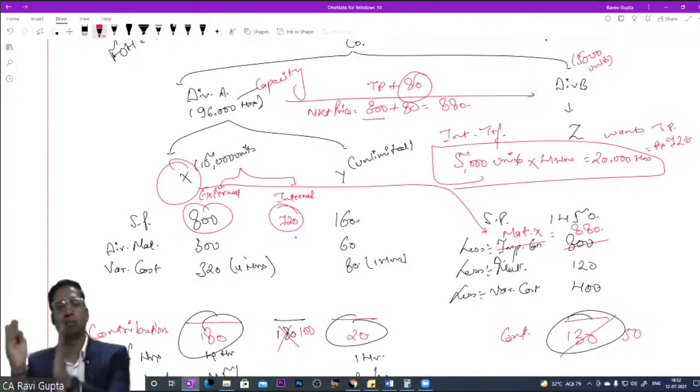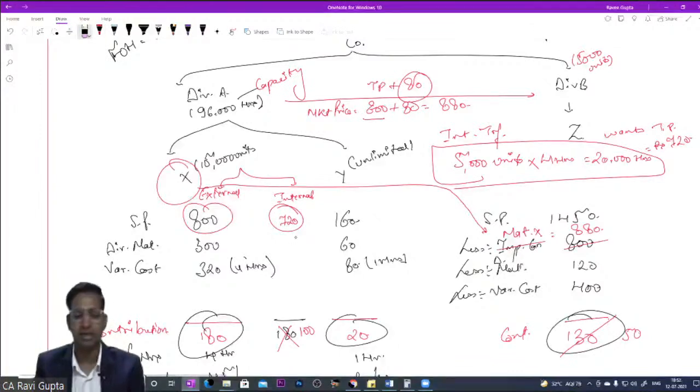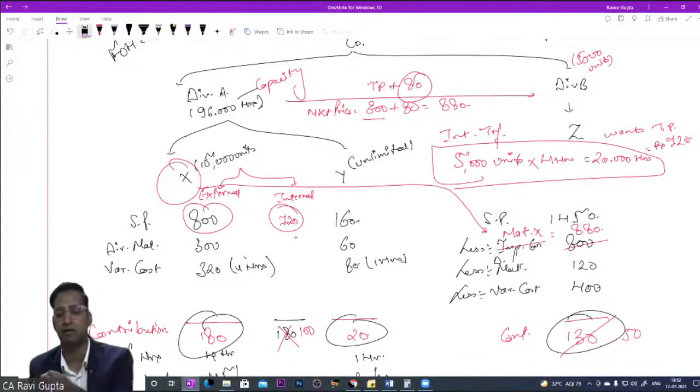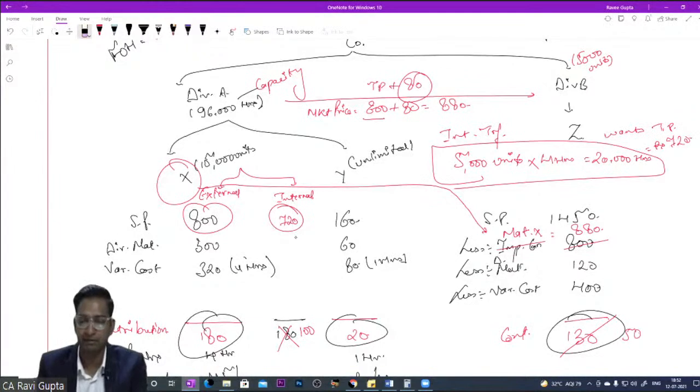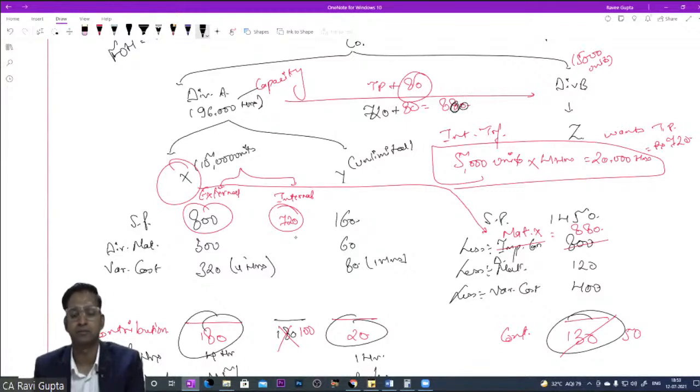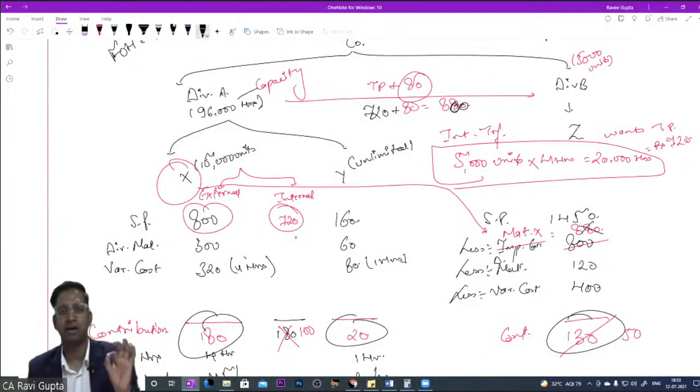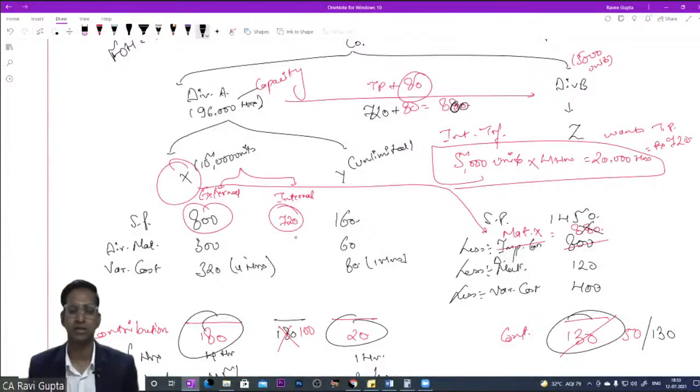Now move to division B. Before moving to division B, let's decide what will be the net effective cost to division B. It will be 720 rupees plus 80, it will be 800 rupees. So where we have now reduced our contribution, now we have to increase it further by 80 rupees. It will be again 130 rupees.